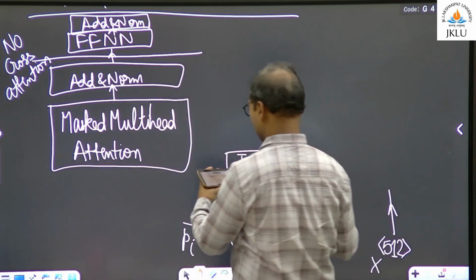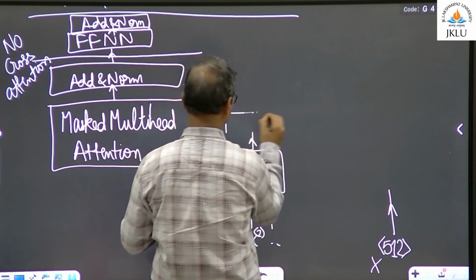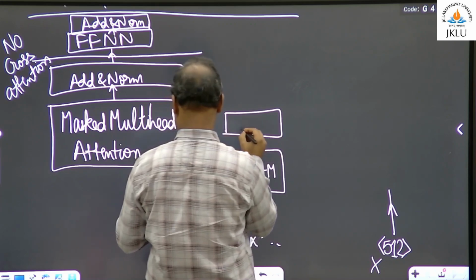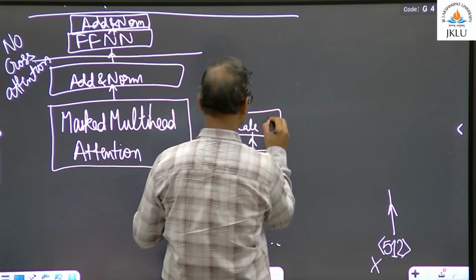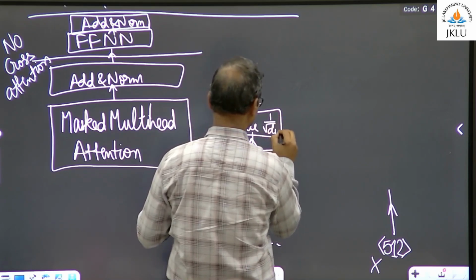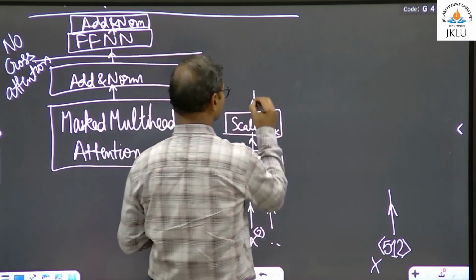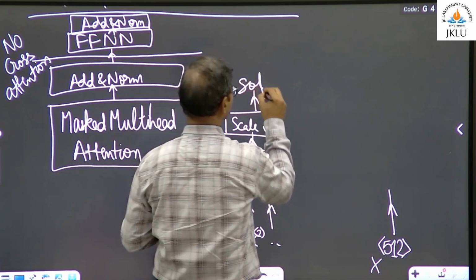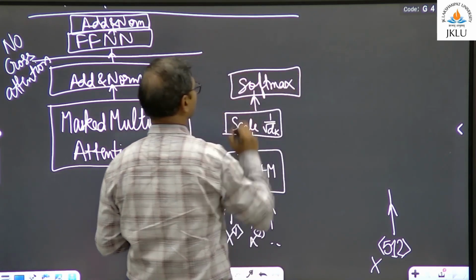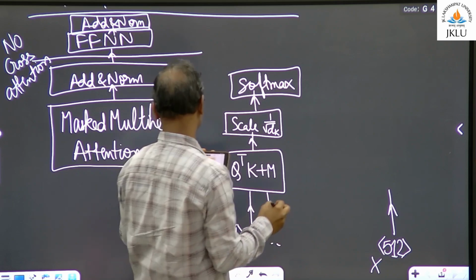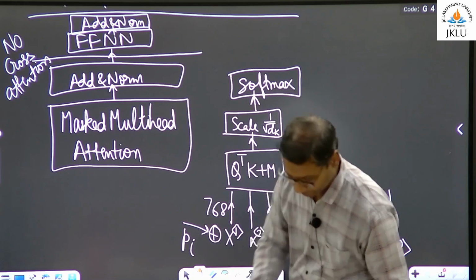Now what is next? Then we need to scale it. So this could have just been done in the same step. So you scale it with 1 by under root dk, and then you take softmax, and then what do you do next?